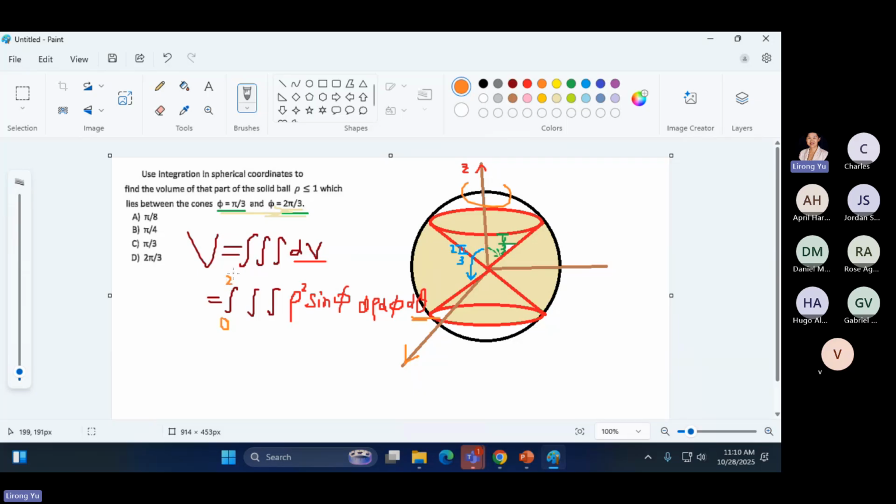The integration limit for phi is pi over 3 to 2 pi over 3. For rho, we have rho less than or equal to 1, and rho also has to be bigger than 0, so 0 to 1 is the integration limit. This is how we set up the entire integration. I hope that you can finish the calculation to see the answer.